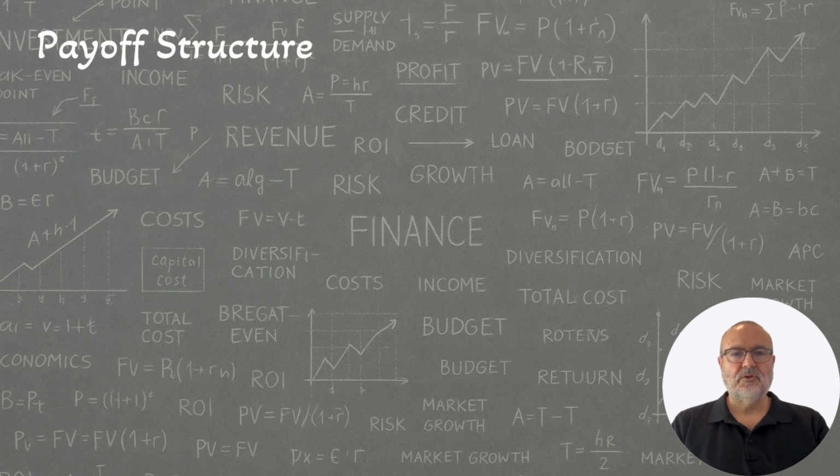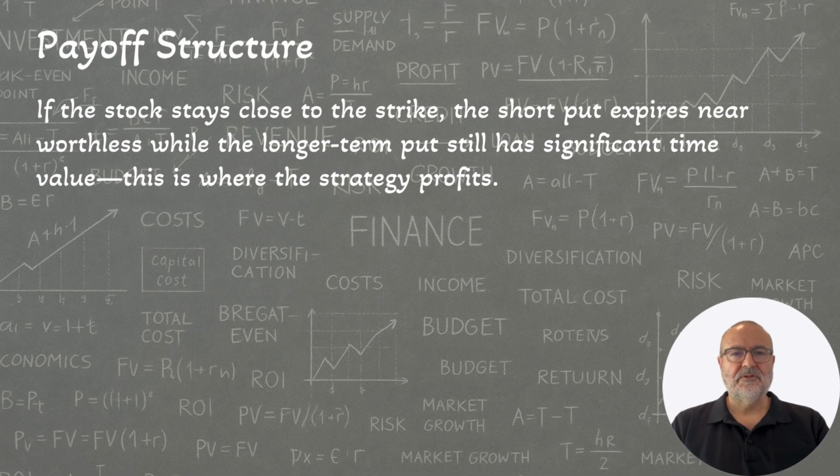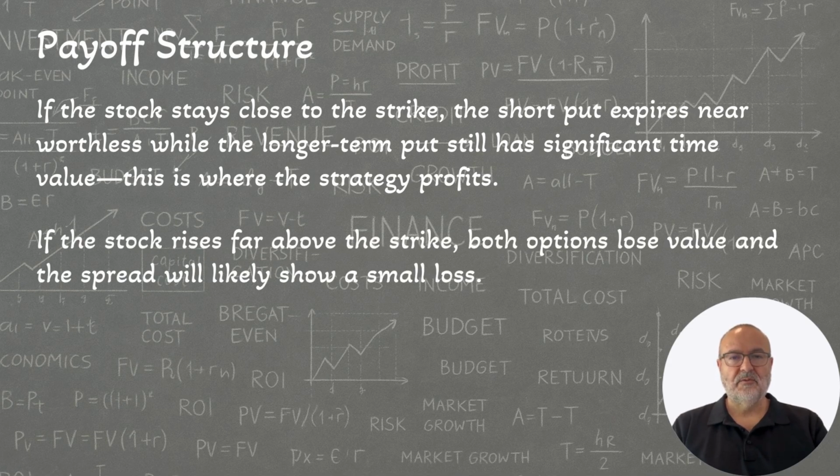The payoff at the short put's expiration depends heavily on the stock's price at that moment. If the stock stays close to the strike, the short put expires near worthless, while the longer-term put still has significant time value. This is where the strategy profits. If the stock rises far above the strike, both options lose value, and the spread will likely show a small loss.